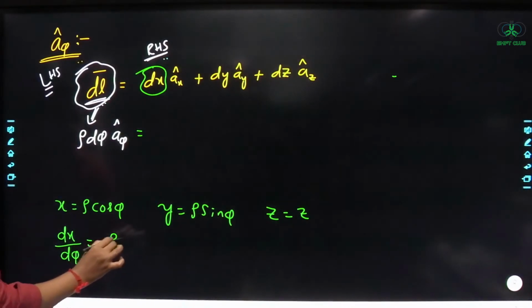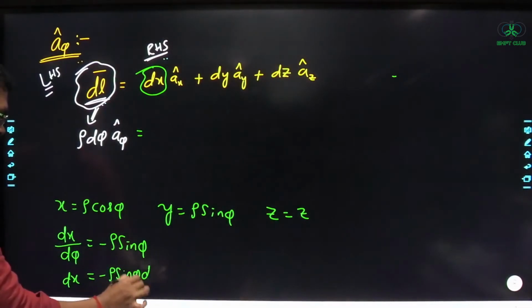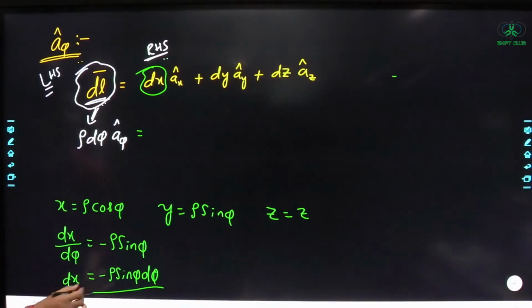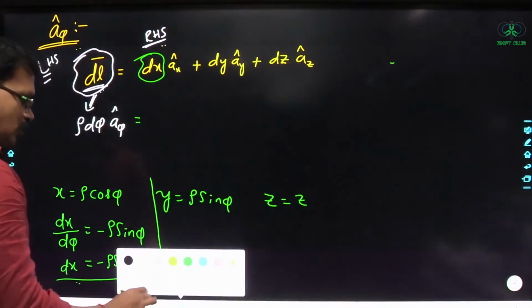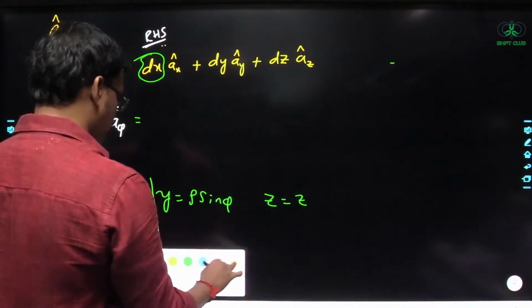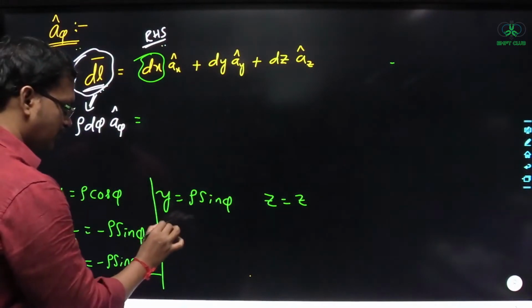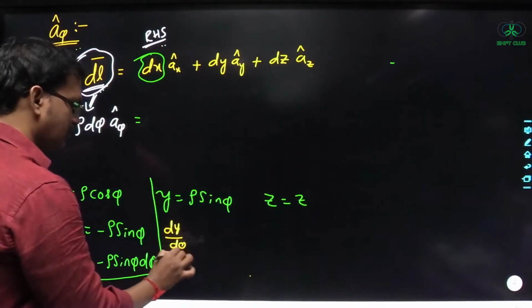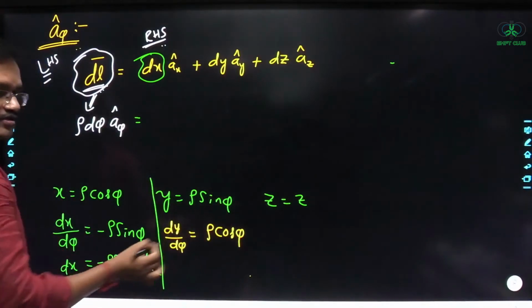If you differentiate with respect to phi, you are going to get minus rho sin phi. Therefore dx is equal to minus rho sin phi d phi. Next, similarly you have to determine dy by varying only phi. dy by d phi is equal to rho into cos phi, since the differentiation of sin phi is cos phi.